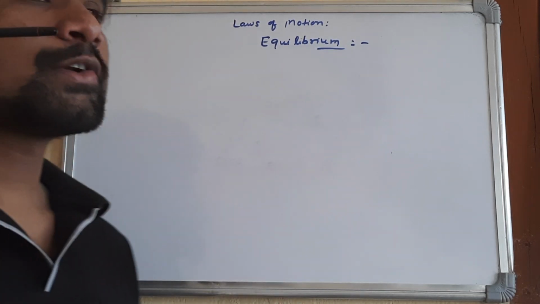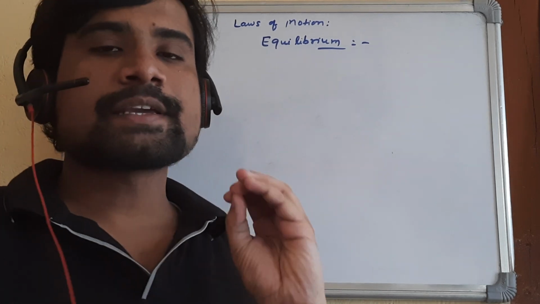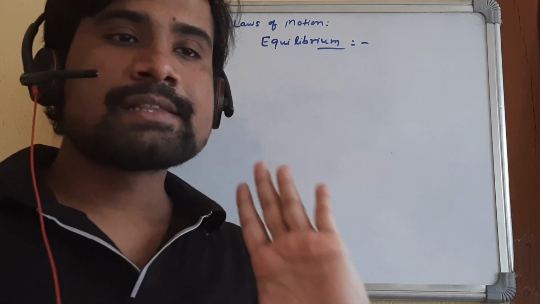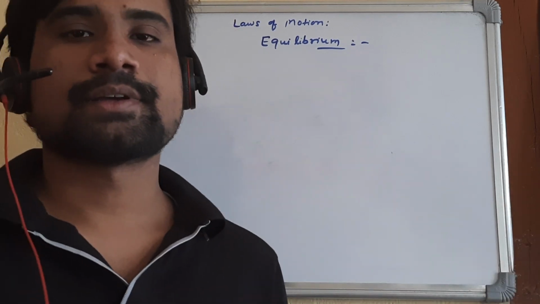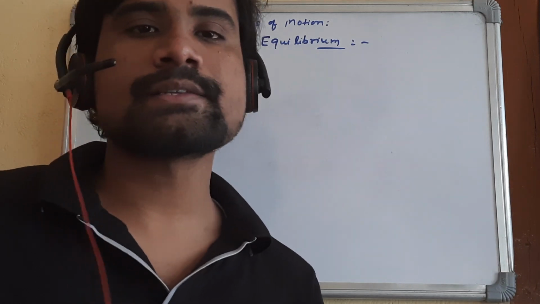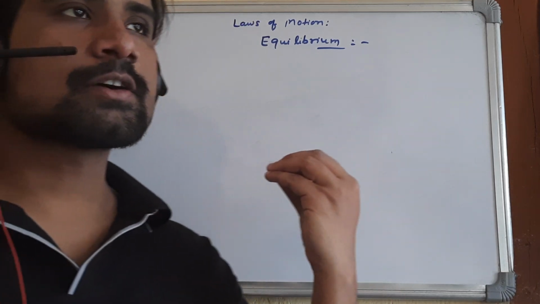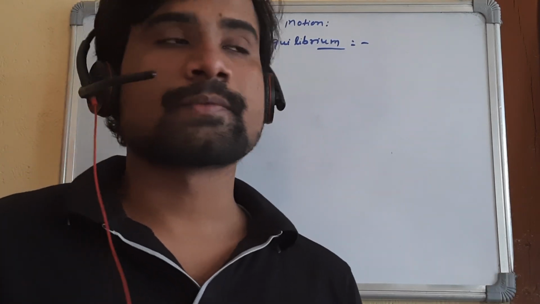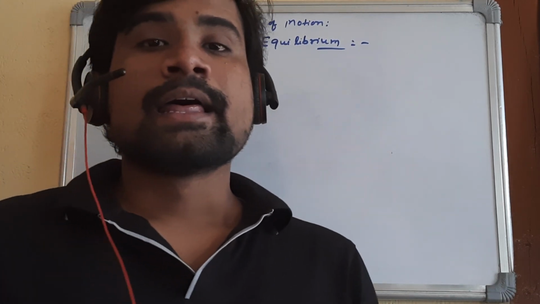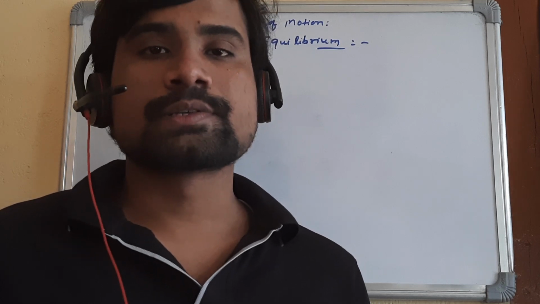So in physics, when we talk about equilibrium, we basically say that the system is in a stable state and has no acceleration, right? The system is not accelerating. If it is at rest, it will stay at rest. If it is moving at some velocity, it will keep moving at the same velocity. Basically there is no acceleration and hence no net effect of force.